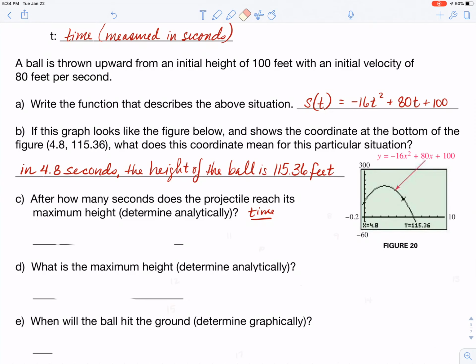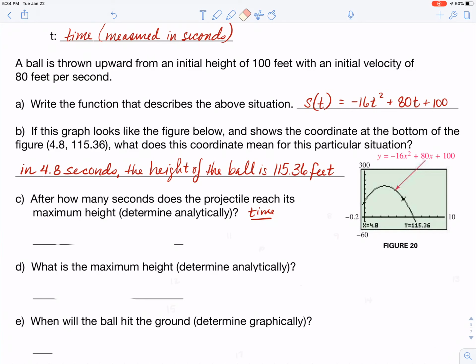Look at part C. After how many seconds? Now, before I keep on reading, this is talking about time. This is asking me for an answer of time. So let's keep reading. After how many seconds does the projectile reach its maximum height? Now, the directions say I'm supposed to determine this analytically, which means I'm not graphing on the calculator.